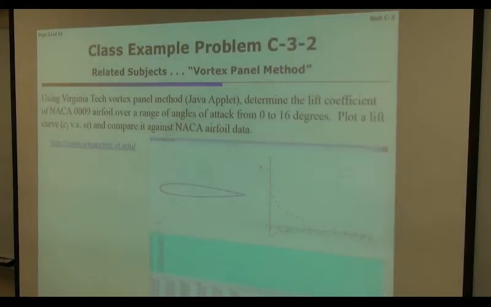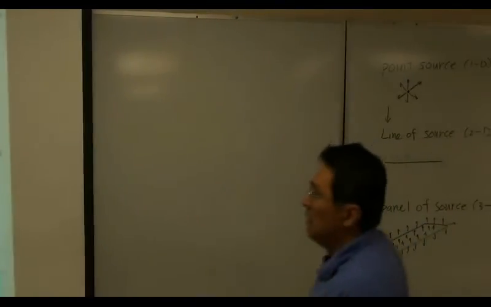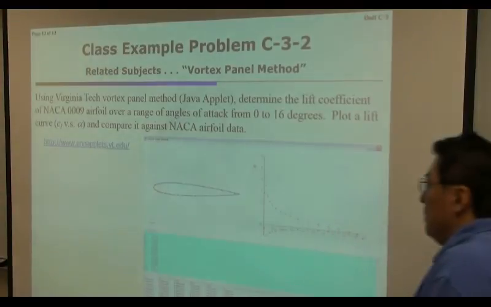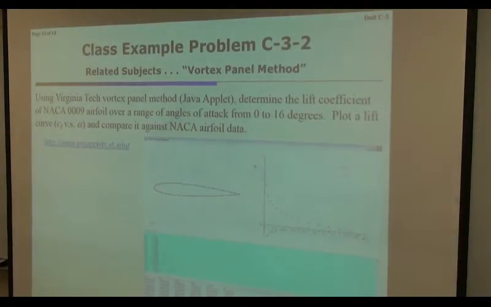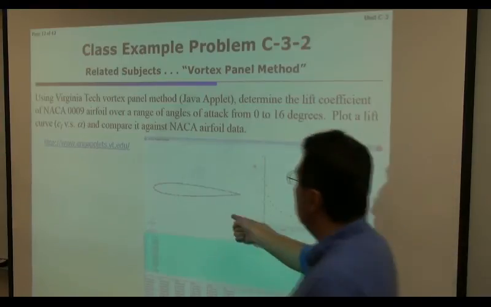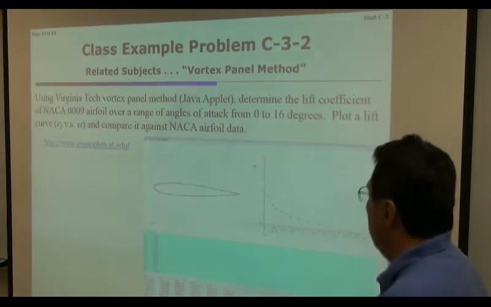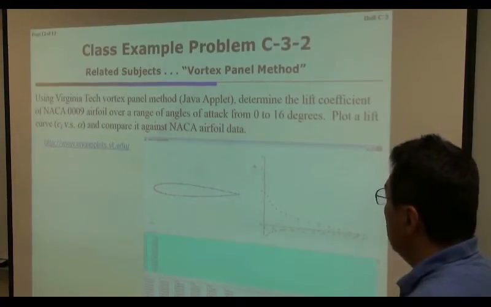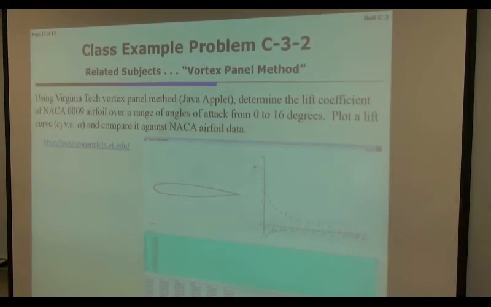All right. So let me just demonstrate the vortex panel method to you. This is the Java applet provided by the Virginia Tech website. Using the Virginia Tech vortex panel method Java applet, let's determine the lift coefficient of a NACA 0009 airfoil over a range of angle of attack 0 to 16 degrees.